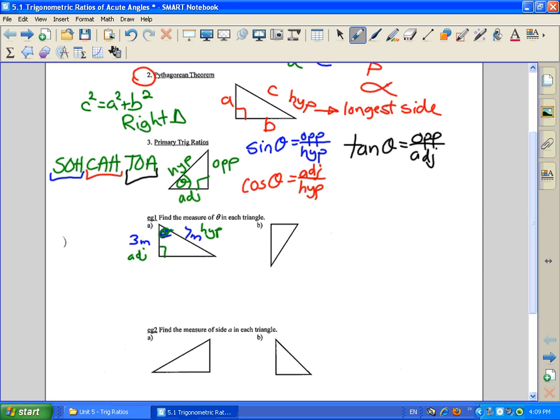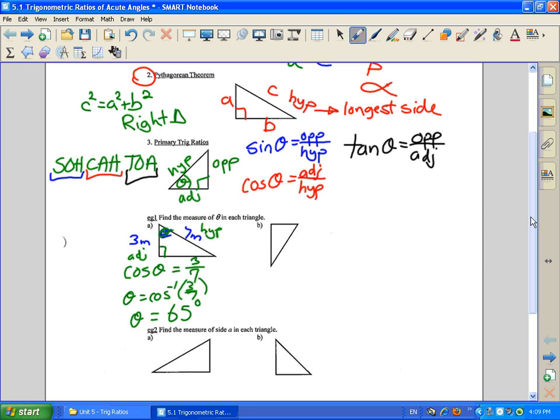Using SOHCAHTOA, which one has the adjacent and hypotenuse together? That is the cos. So cos theta is the adjacent side, which is 3, over the hypotenuse, which is 7. To get that angle, remember you do the cos inverse of 3 over 7. So theta here, to the nearest degree, folks, is 65 degrees.